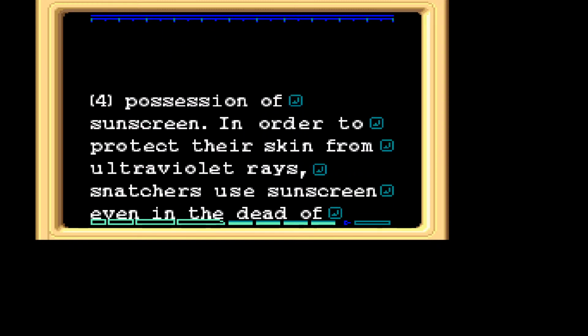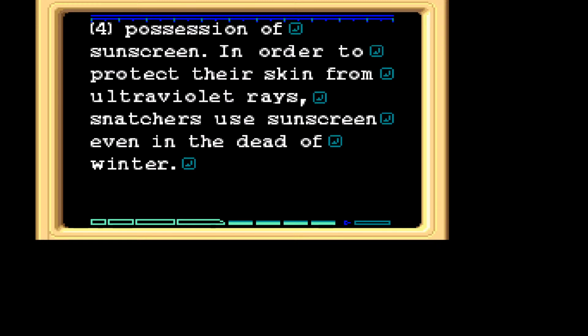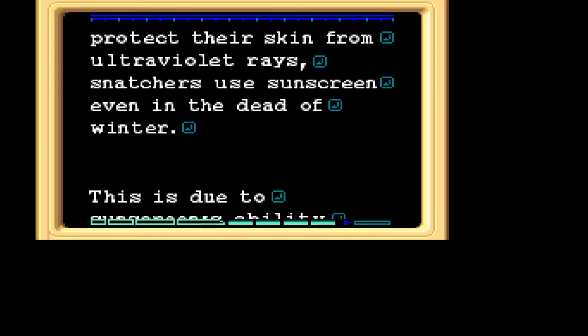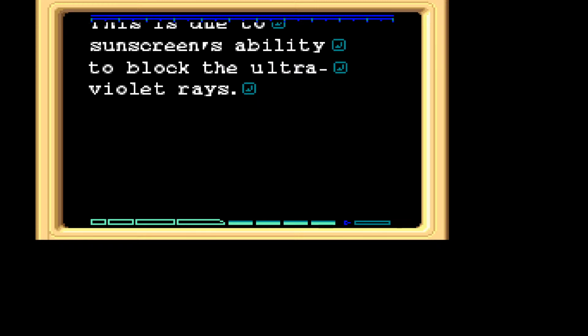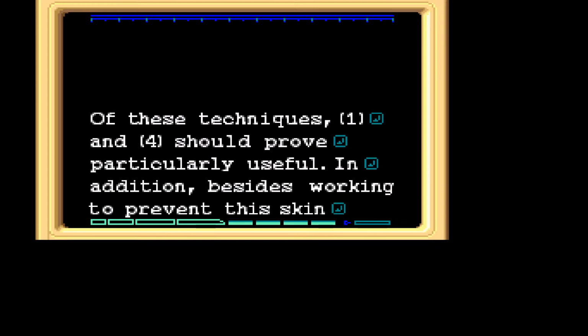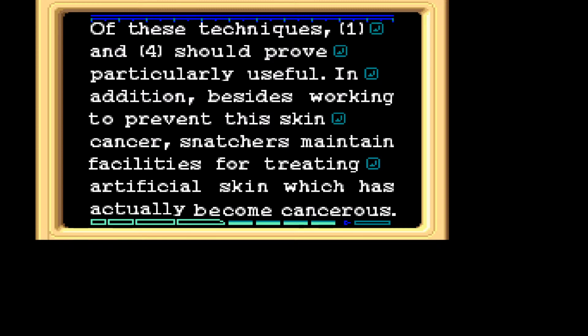4. Possession of sunscreen. In order to protect their skin from ultraviolet rays, Snatchers use sunscreen even in the dead of winter. This is due to sunscreen's ability to block ultraviolet rays. Of these techniques, 1 in 4 should prove particularly useful. In addition, besides working to prevent this skin cancer, Snatchers maintain facilities for treating artificial skin which has actually become cancerous.